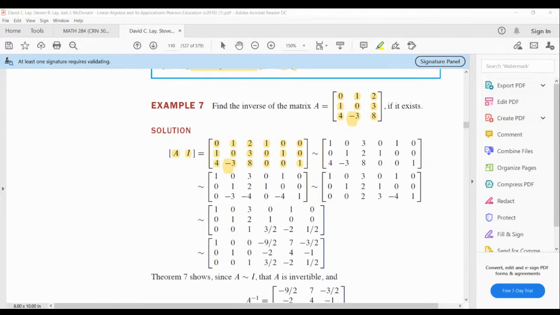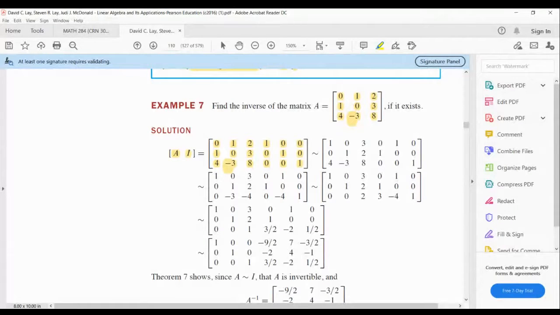All right, let me just see one thing here. Okay, we're fine. So what do they do here? This 3x6 matrix they're saying is row equivalent.